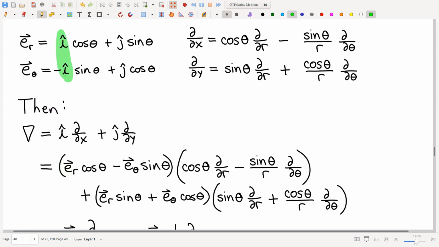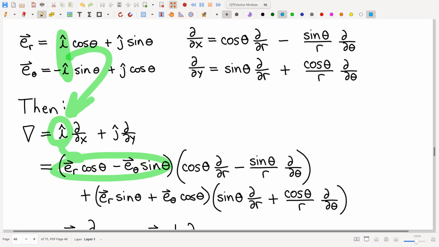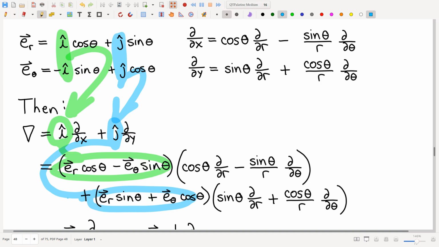Solve for i. i ends up being that. Now, again, a little tedium, a little algebra. Make sure you can do that. There's no way around the tedium, I'm sorry. But that's what i is. And you can likewise solve for j. And j is that.